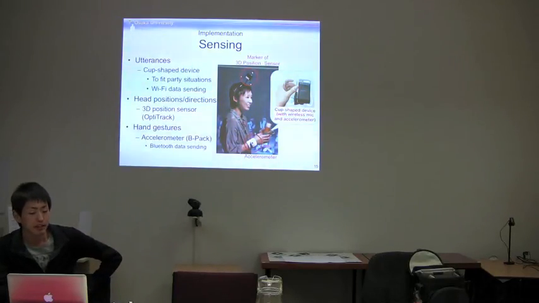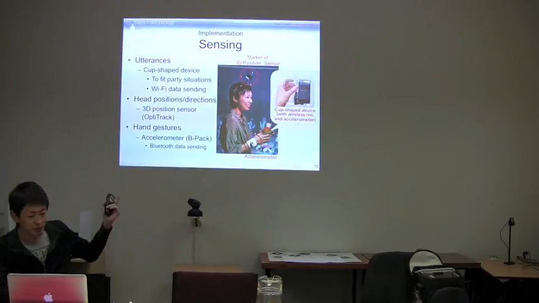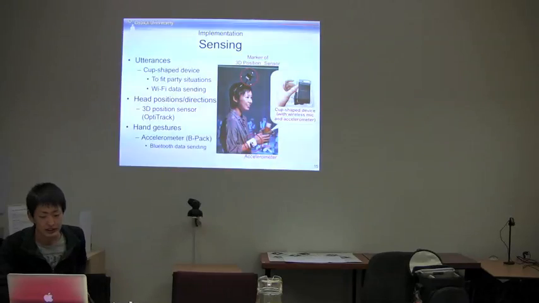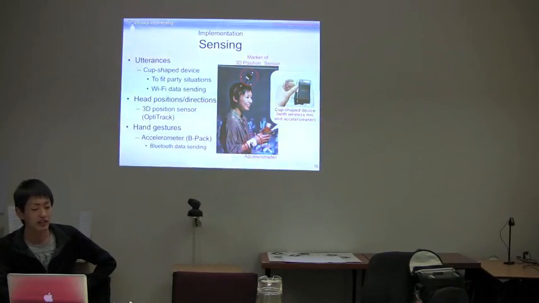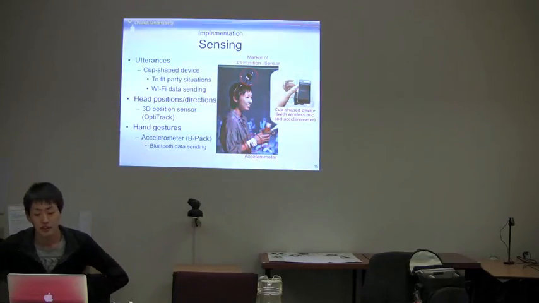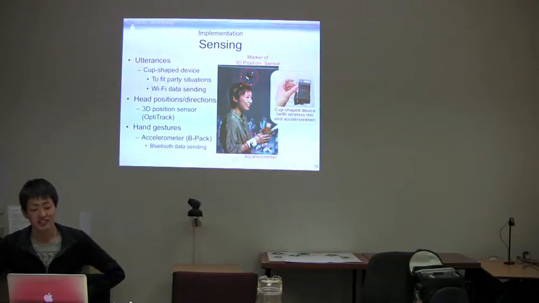For sensing, participants are asked to carry some sensors and markers. As you can see in the picture, we developed a cup-shaped device equipped with a microphone and accelerometer to fit party situations. This is actually a cup with an iPod Touch.